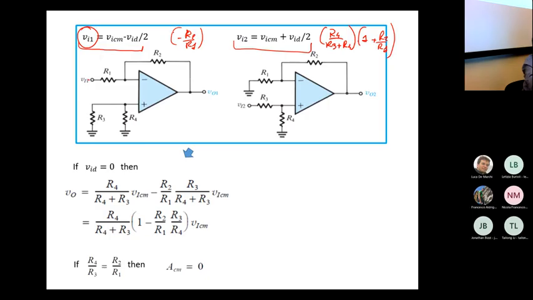Okay, if we plug this result and this one, and we take into account a situation in which the differential voltage is equal to 0, so this term is cancelled, what you get is this expression here.